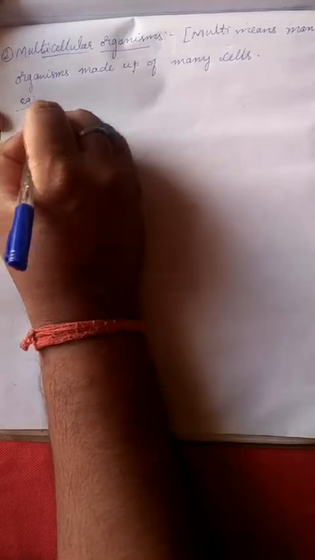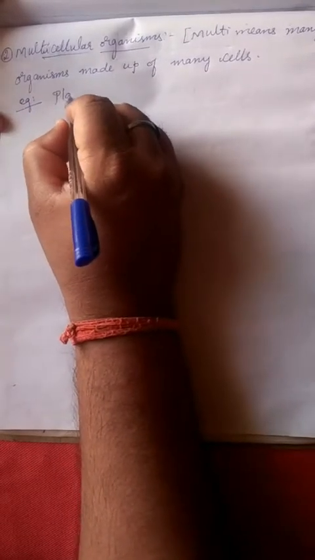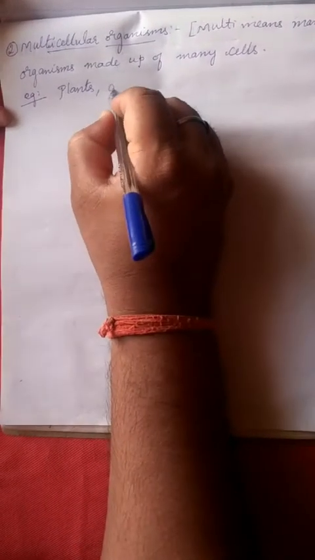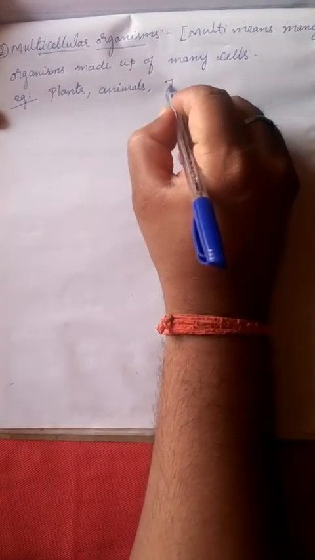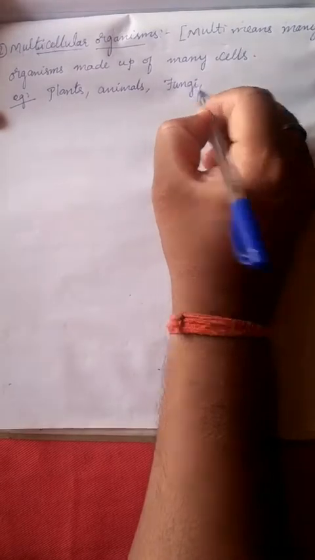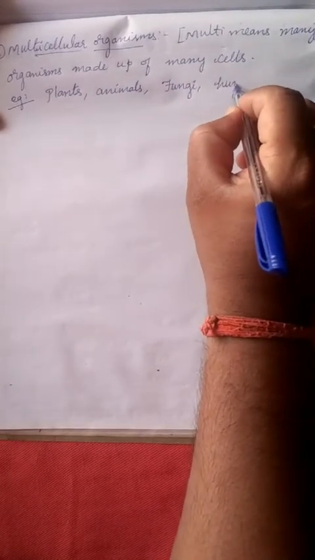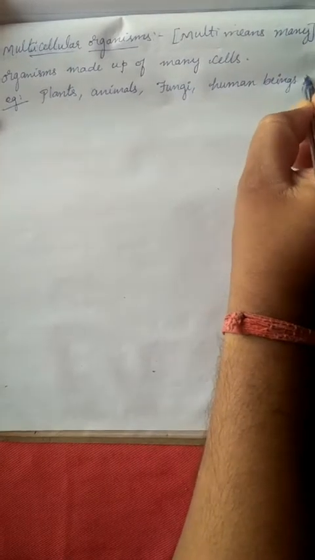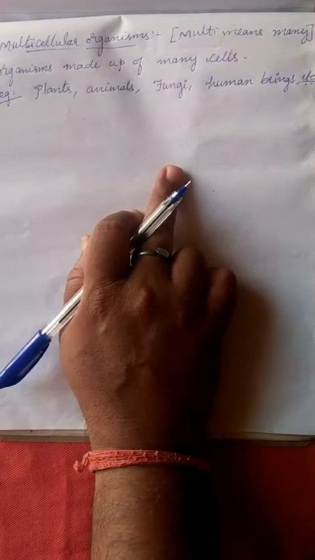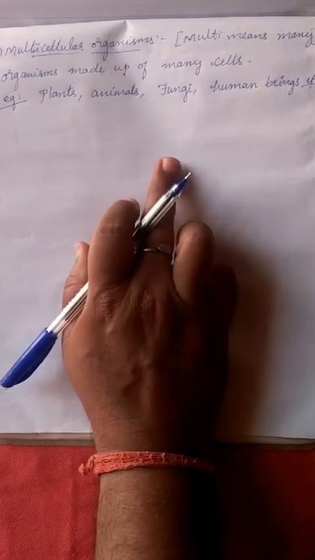Examples you can take are plants, animals, fungi, including human beings also. So these are called multicellular organisms.